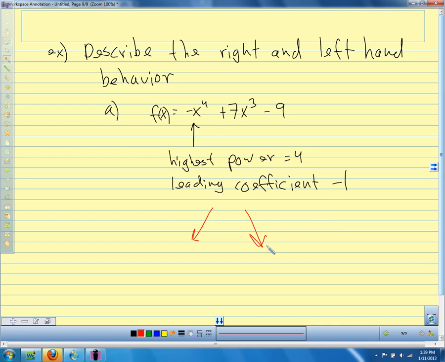Down on the left, down on the right. So this is going to look kind of like a flipped over parabola. So on the problems that ask you to describe the left hand and right hand behavior, drawing these little arrows is all you really need to do. Goes down on the left, goes down on the right.